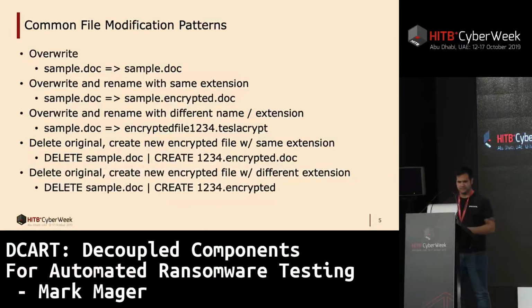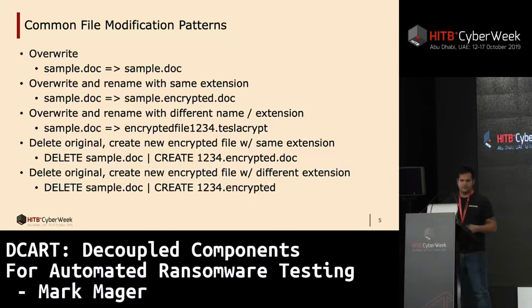The second typical modification pattern you'll see is an overwrite paired with renaming of the file. This is usually just some sort of watermark that they're leaving essentially in the file name in the path to indicate that the file has been encrypted and that they're just trying to essentially announce to the user that their data is no longer accessible.